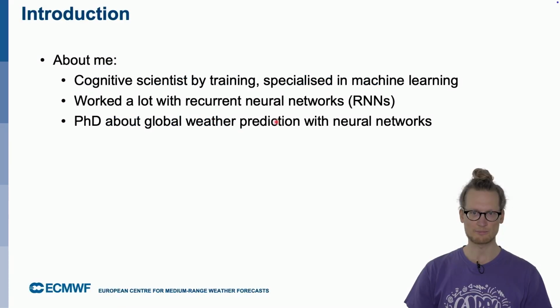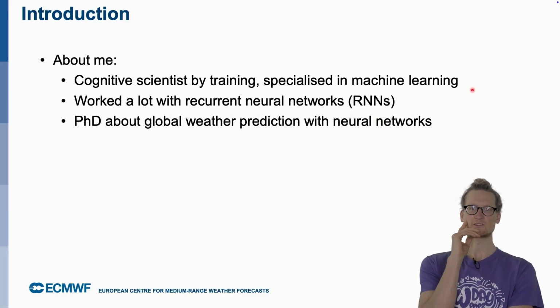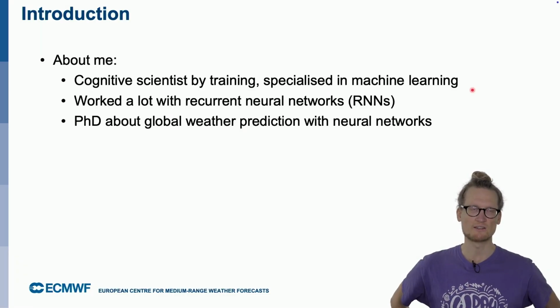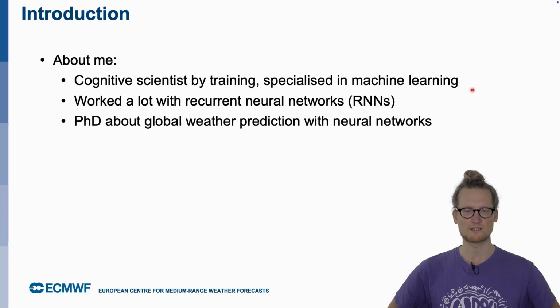About some of my background, I'm a cognitive scientist by training. So I started doing my bachelor's and master's at the University of Tübingen, and in particular during the master's, I was pretty much caught by machine learning, by artificial intelligence, and then I specialized in artificial neural networks.